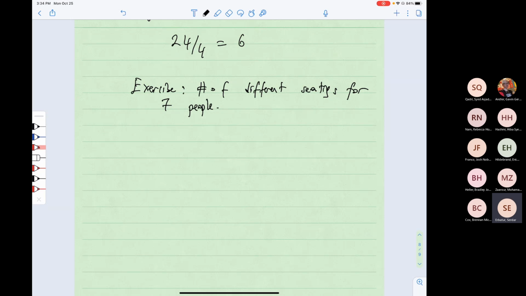Still, the same idea applies, but the computation might get a bit trickier, right? We can also generalize it to n people. After playing with a few small numbers, then for n people, we can find the number of different seatings in terms of n.